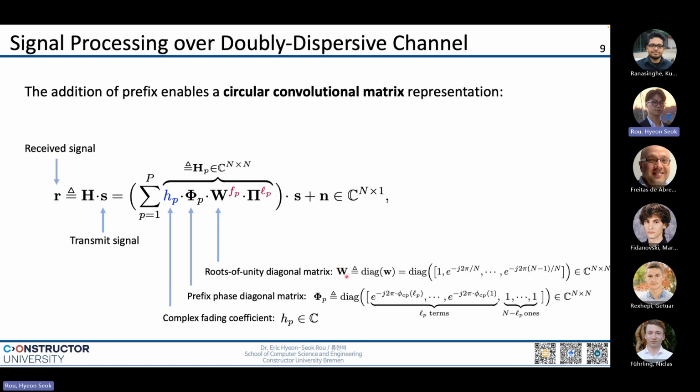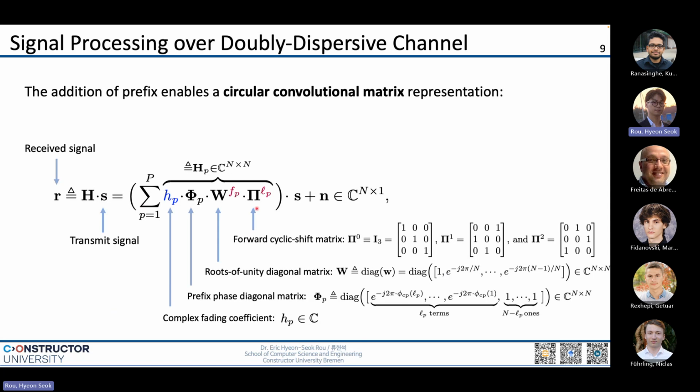This matrix W is a diagonal matrix of the smaller vector w. This vector w is the N roots of unity, so we have 1 and all of the N points around the unit circle, and then this is taken to the power of our previous Doppler shift value, so all of the elements here would also have an exponent of f of p.